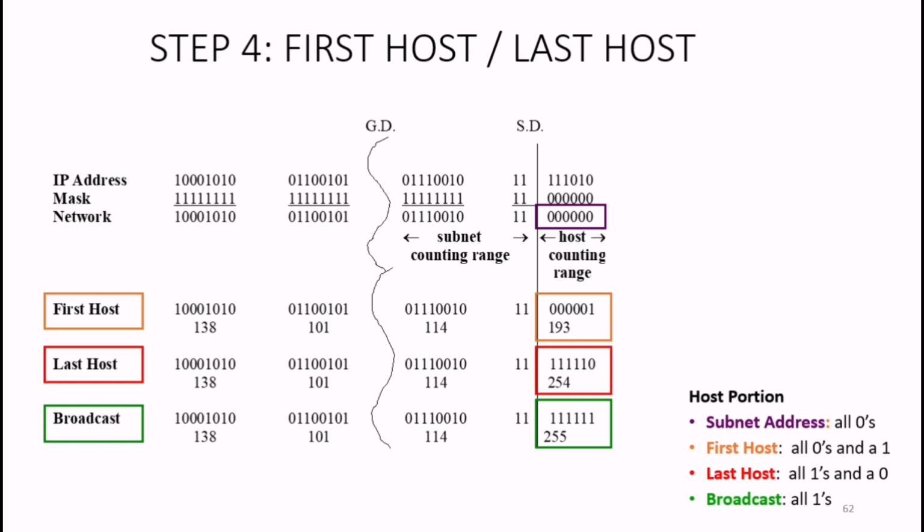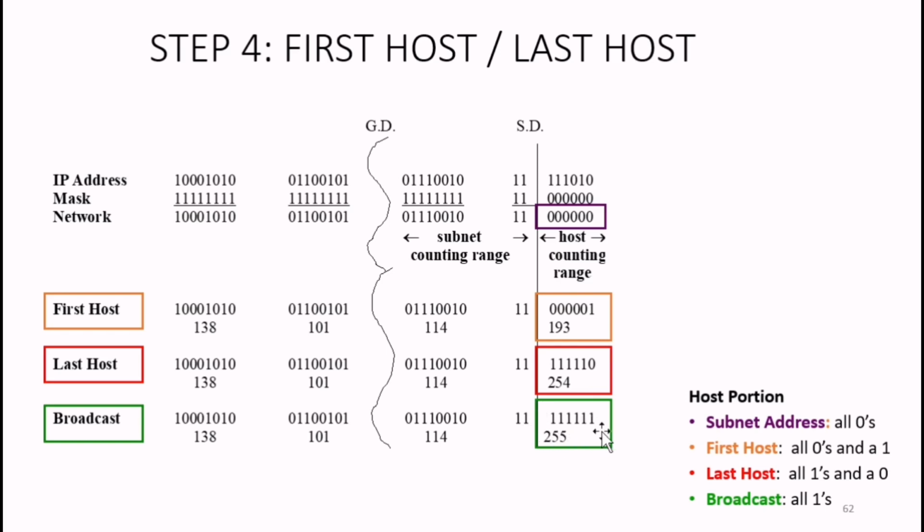So for step 4, we need to find the first host and the last host for the IP address. We know that the range of hosts is the last 6 bits of the IP address. So the first host should be 000001, and the last address should be 111111.